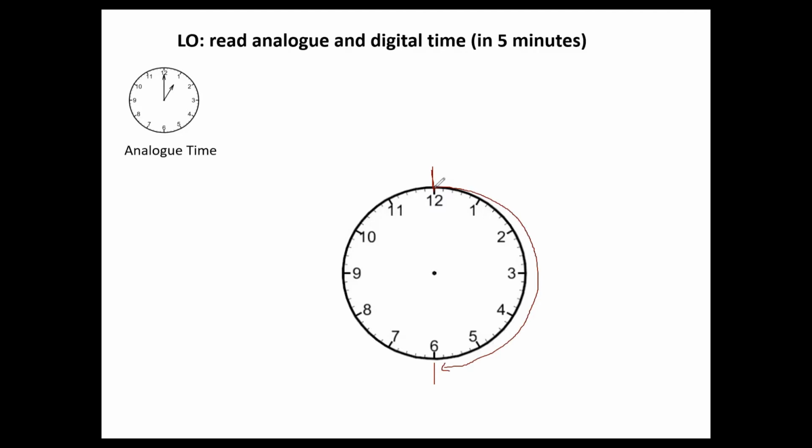And if the minute hand covers only half distance, halfway, that means you will find the minute hand on 6, all right? So whenever the minute hand is on 6, that means half past. Clear, everyone?